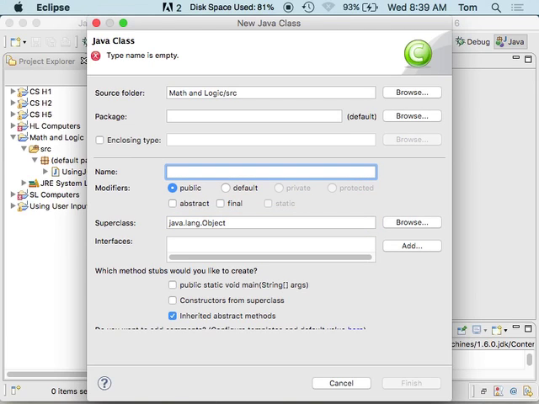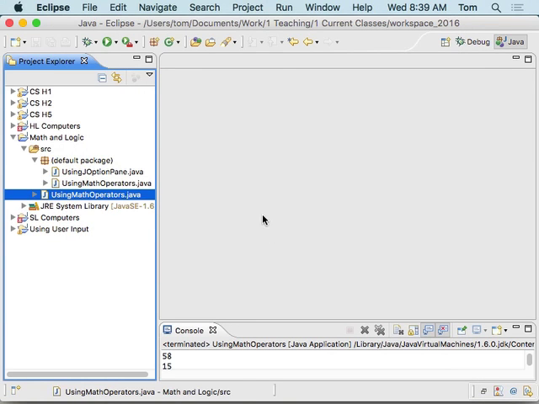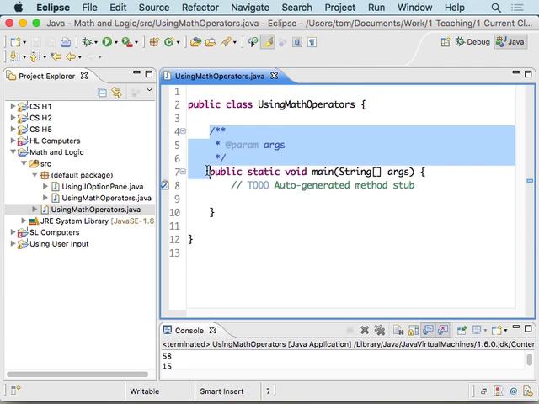Then we're going to call this using math operators, and we want it to have a main method. Using math operators is the name of the class. Make sure that it has a main method, and then you can finish, and we should get something looking like that.